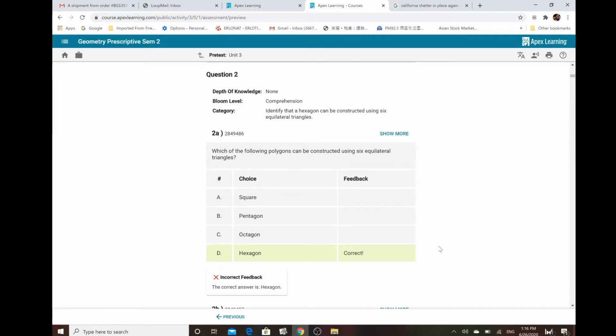And question number 2. Which of the following polygons can be constructed using 6 equilateral triangles? If you form all of them together, that would be a hexagon. The prefix hexa means 6.